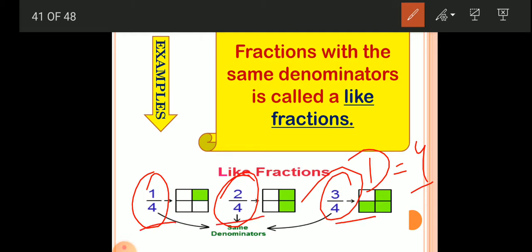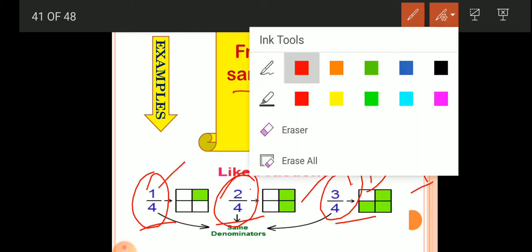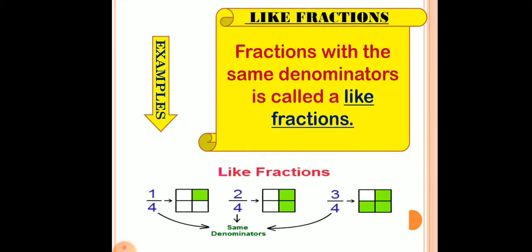That is, the denominators are same, but the numerators are different. Your numerator is 1, here 2 and here 3. So the fractions in which denominators are same are known as like fractions.